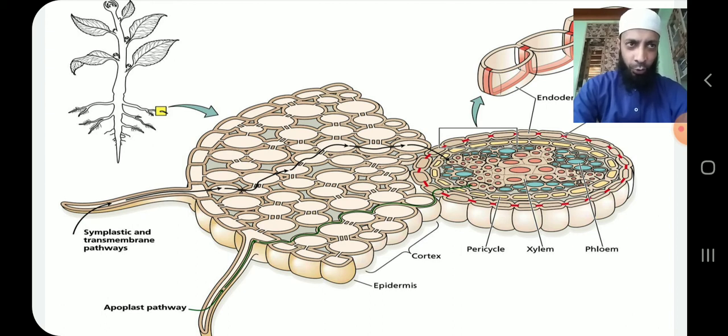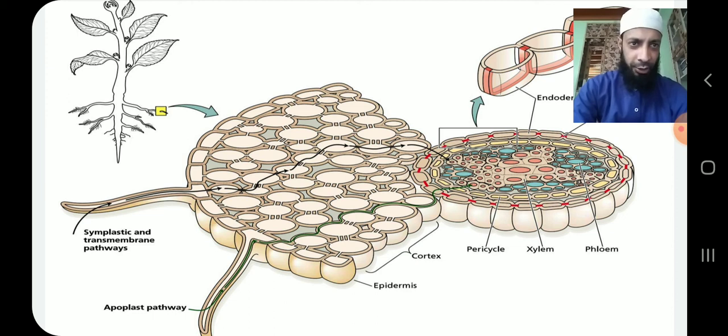Flow goes through plasmodesmatal connections. That means after this it is necessary that either it is symplastic pathway or transmembrane pathway. And in symplastic pathway, that is represented by black arrow from root hair cell, first you have epidermis, the outermost layer, where you have root hairs. After that you have multi-layered cortex. In this case you have 1 2 3 4 5 layer cortex.